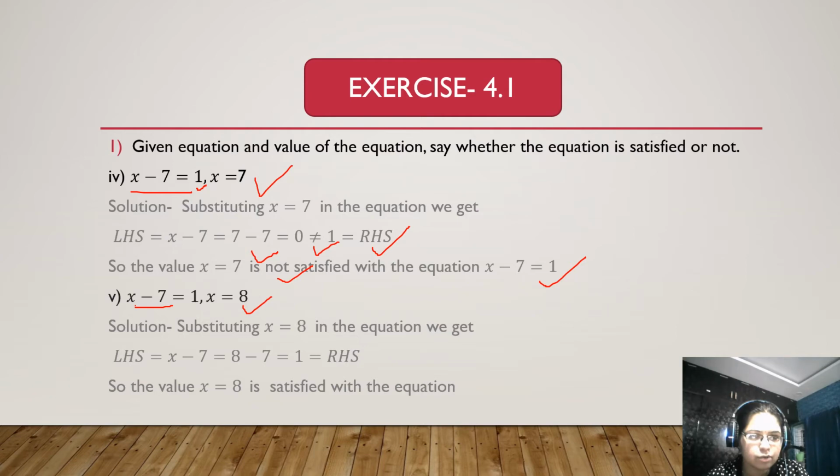We have to check whether x equal to 8 satisfies the equation or not. So substitute x equal to 8 in x minus 7: 8 minus 7 is 1, which is the right hand side. So x equal to 8 is satisfied with the equation x minus 7 equal to 1.